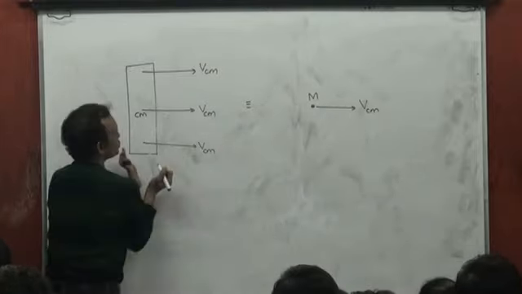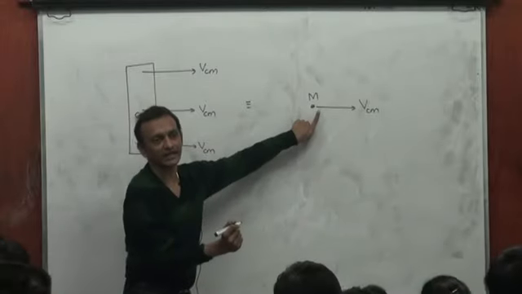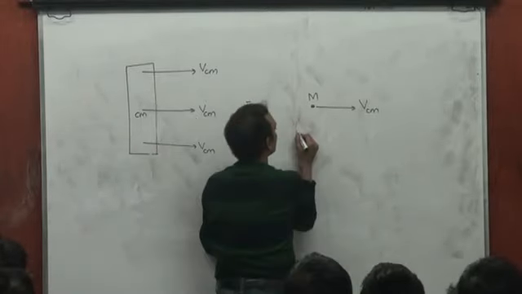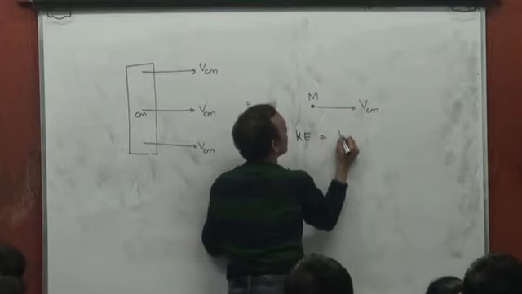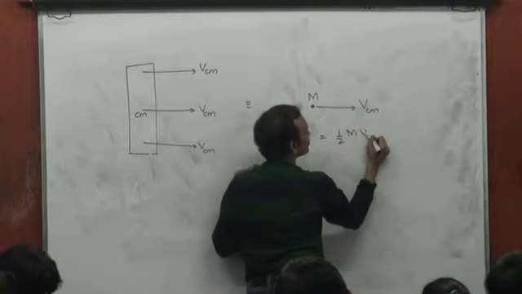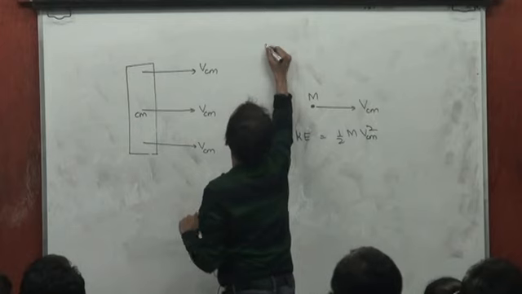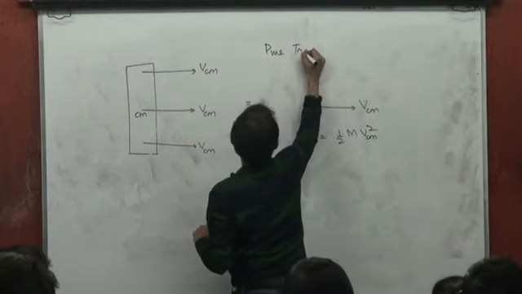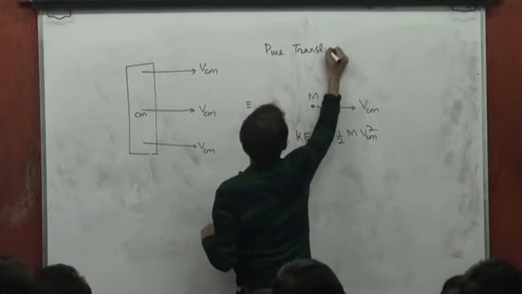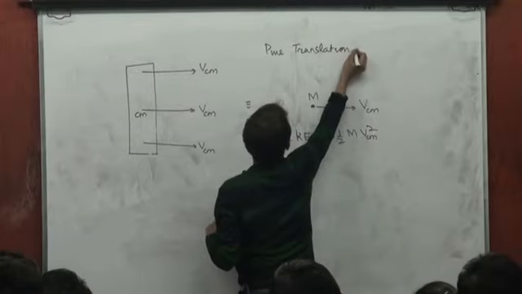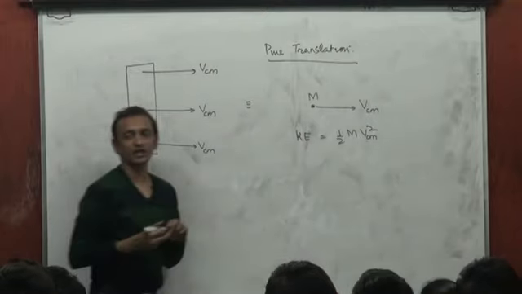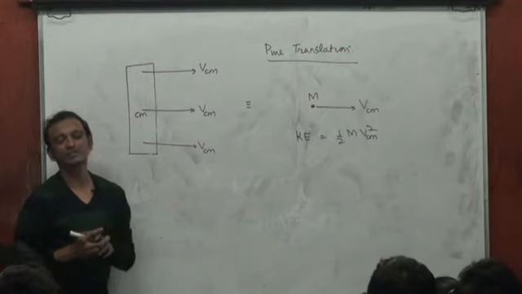The kinetic energy of this is the same as the kinetic energy of that. So the kinetic energy is half m into velocity of center of mass squared. That's pure translation. In pure translation, kinetic energy is half m V_cm squared.